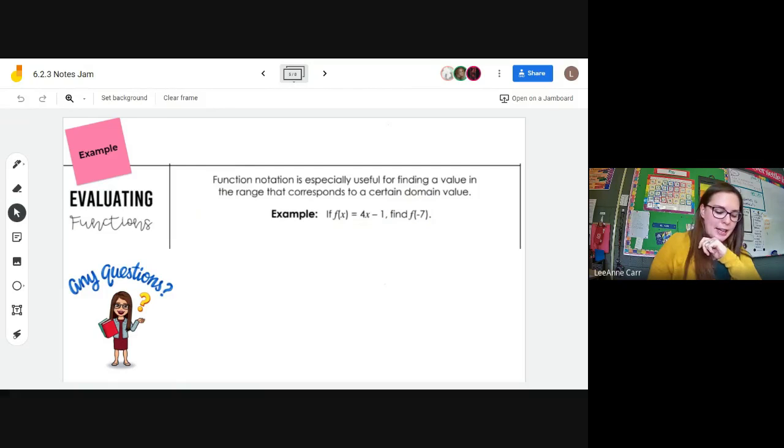Remember, when I had an x in parentheses here, that meant I was going to see an x in my equation. I still have my f here. That means I'm using this function. The only thing that's changed is that now instead of x, I'm going to see -7 in my parentheses. So let me write that out for you guys if you are taking notes like you should be. If we have f of x, that means we have x in the equation.